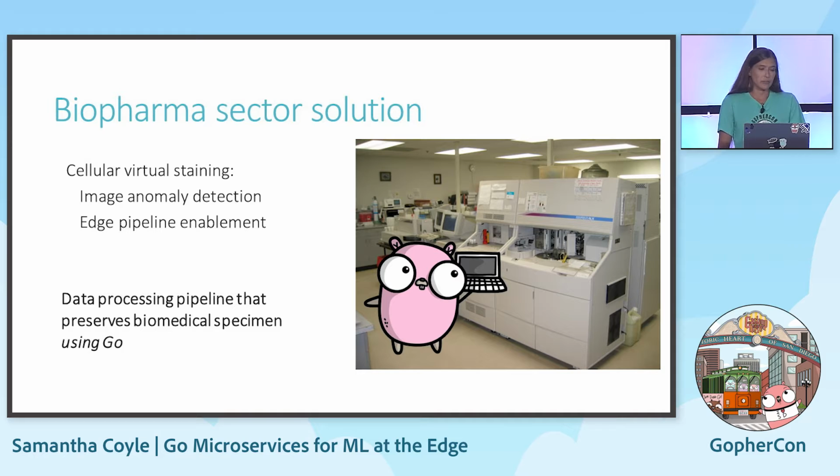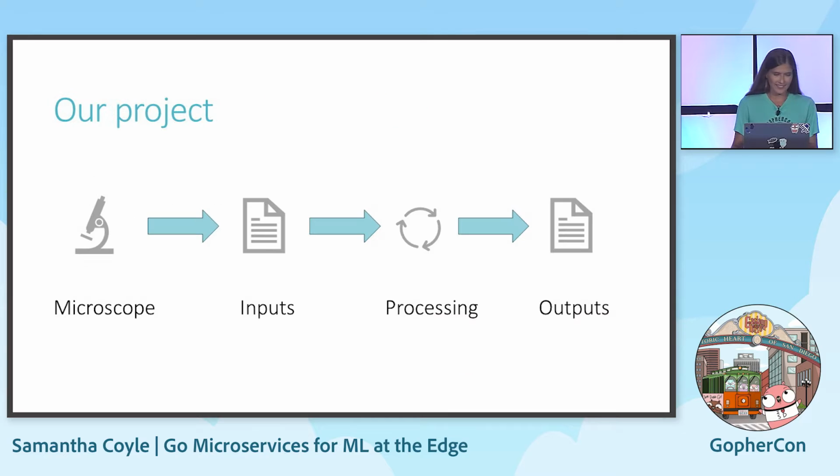So our project is working at applying machine learning to enable that virtual staining to preserve that biospecimen. So I think it's pretty cool. And again, it's getting at image anomaly detection for those cells, as well as edge pipeline enablement in this laboratory. So as a whole, this is a data processing pipeline that preserves biomedical specimen using Go. So really fun use case.